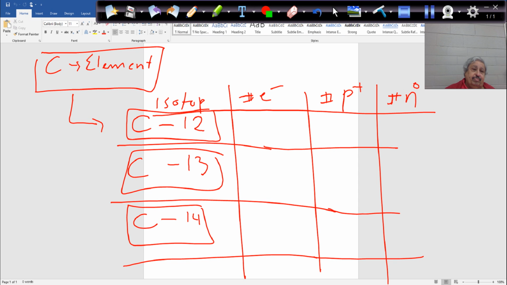For the element carbon, the atomic number is 6, and the mass is 12.02. So that's an element here.